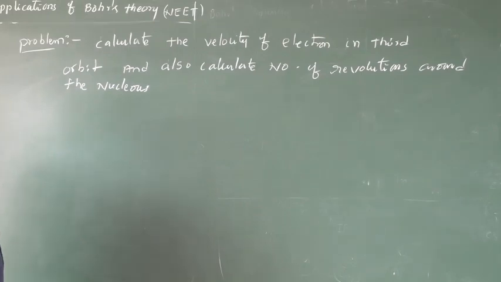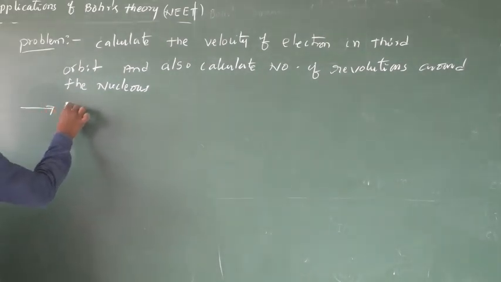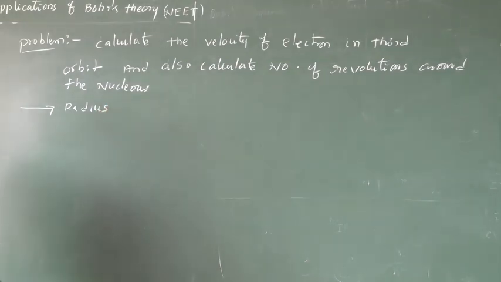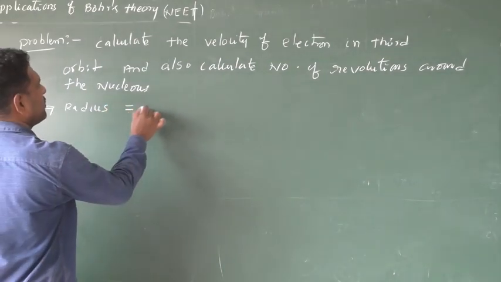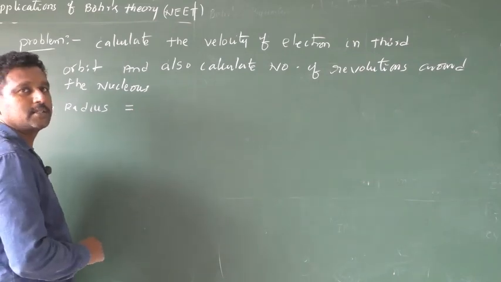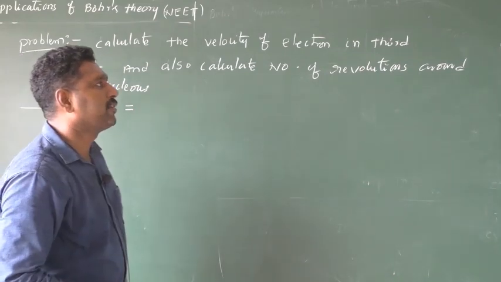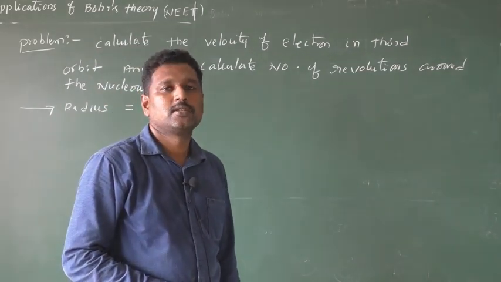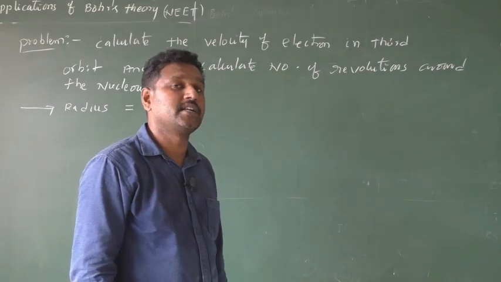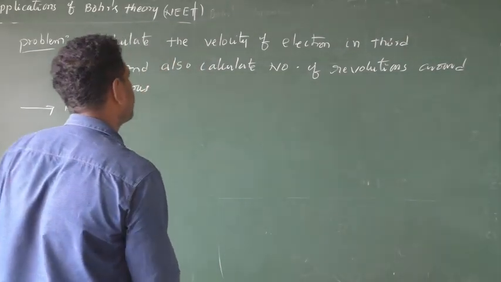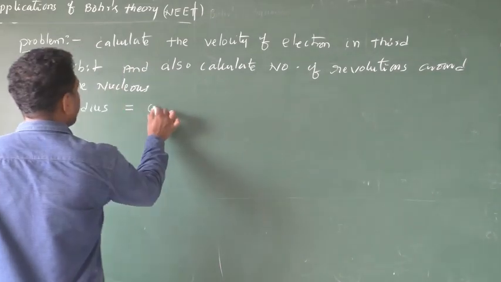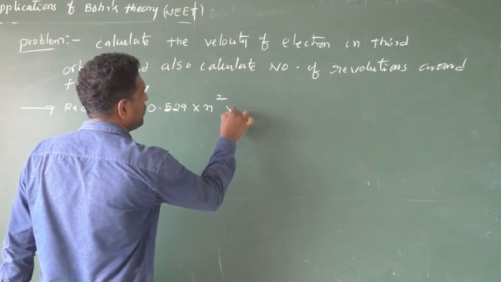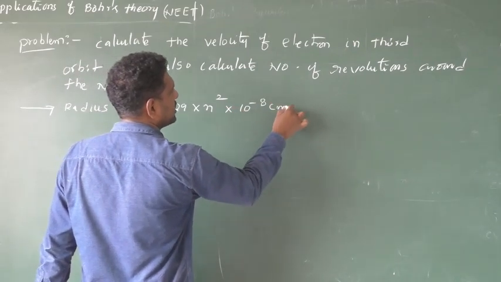So first you can find the radius. How can you find it? Radius is 0.529 into n square into 10 power minus 8 centimeter.